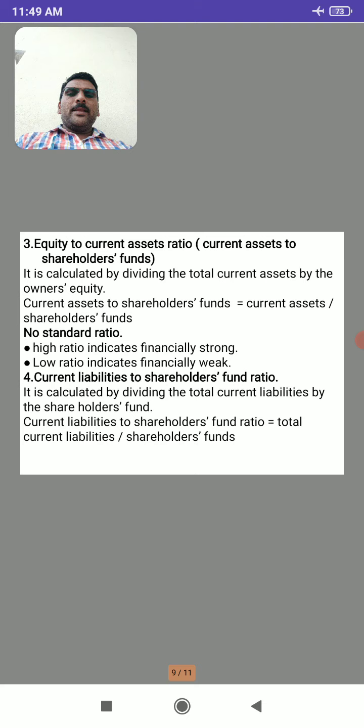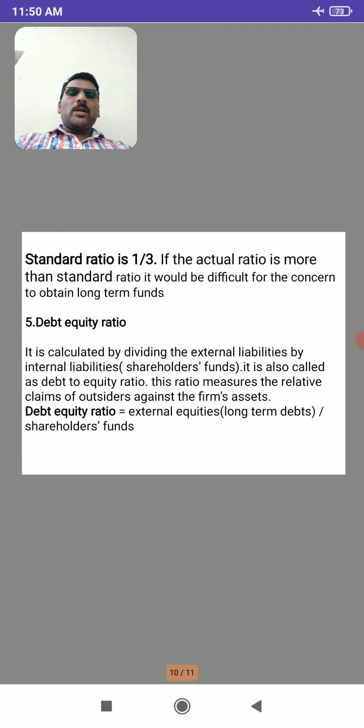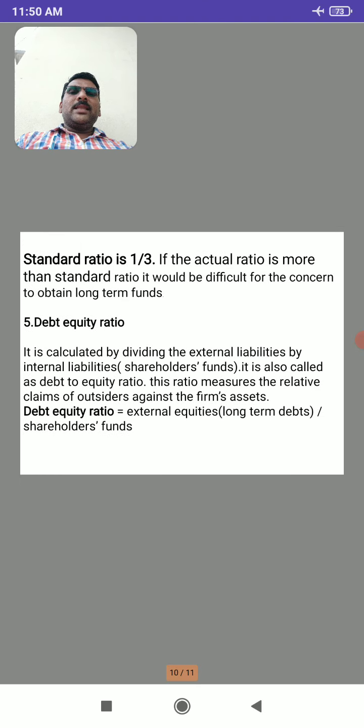The current liability to shareholders fund ratio equals total current liabilities divided by shareholders fund. The standard ratio to be maintained is 1/3.